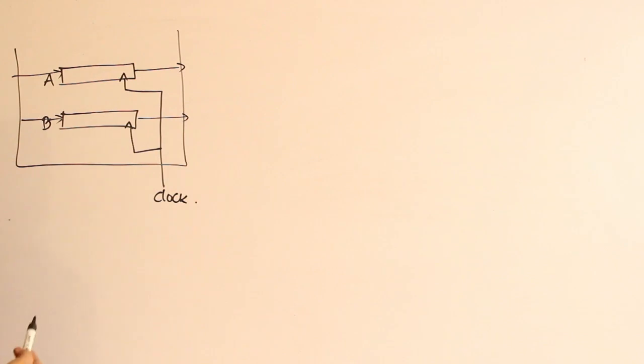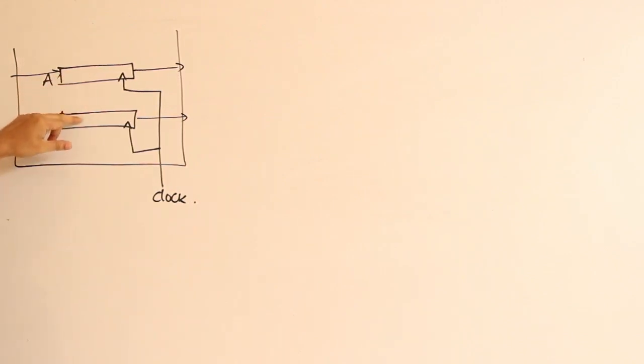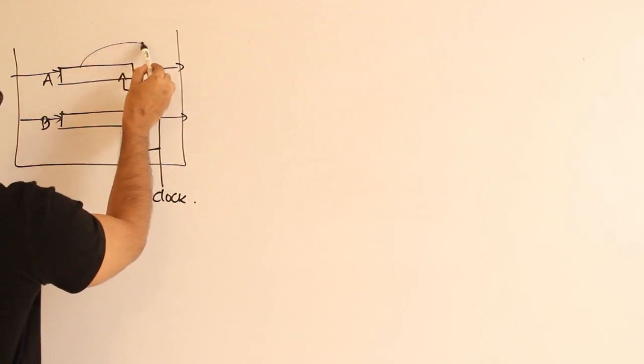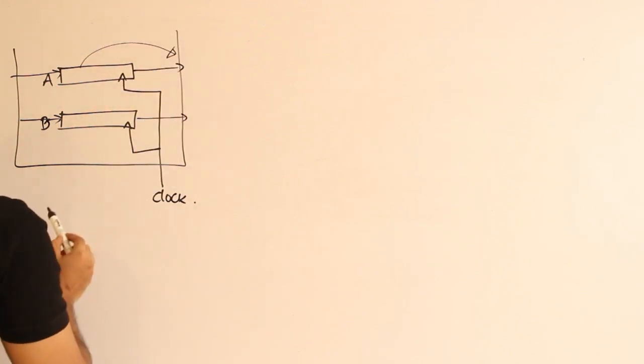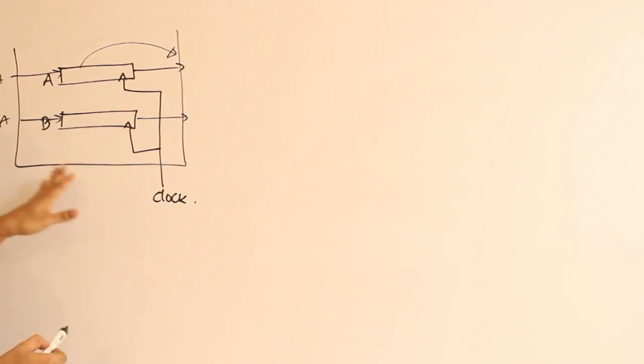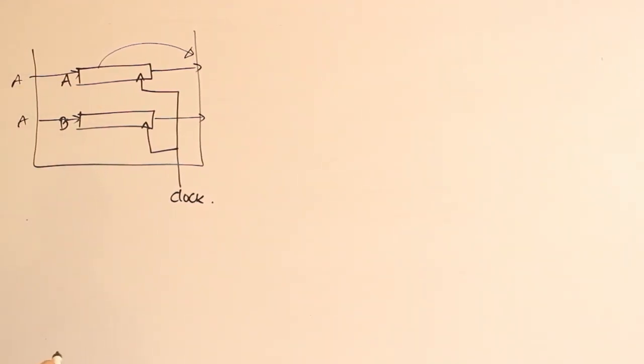Now if you want to transfer whatever is present in A into B, first you will select register A, then the data present in A will come onto the bus. Therefore data in A is present at both these points, which means the data A is present in the bus.